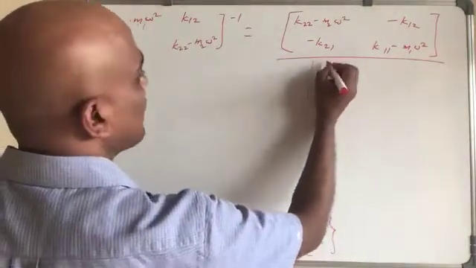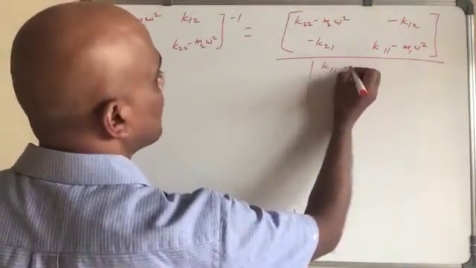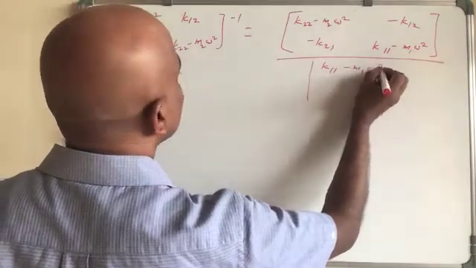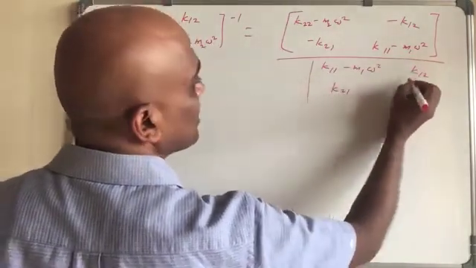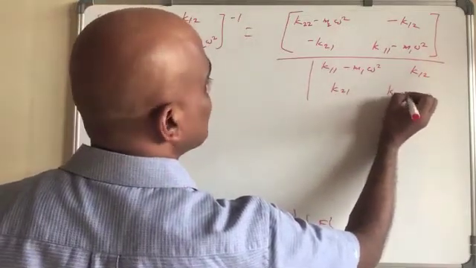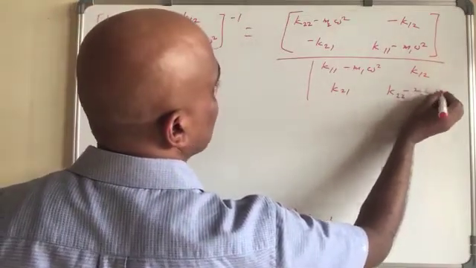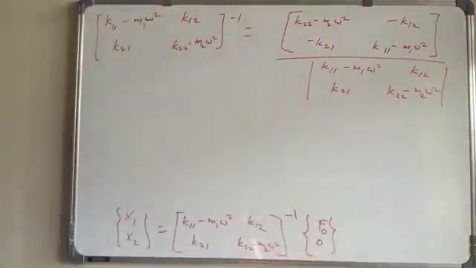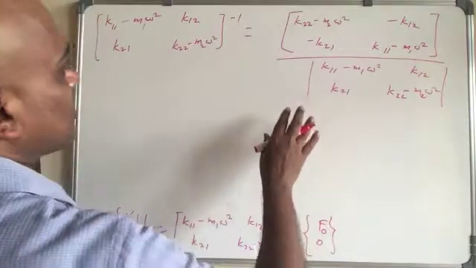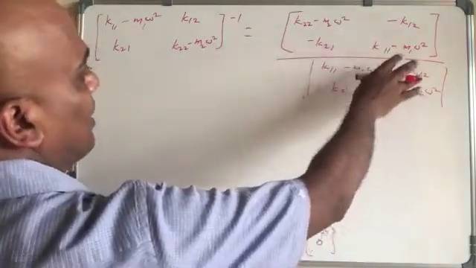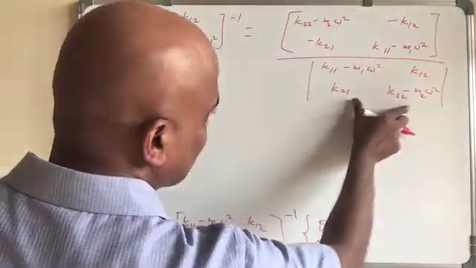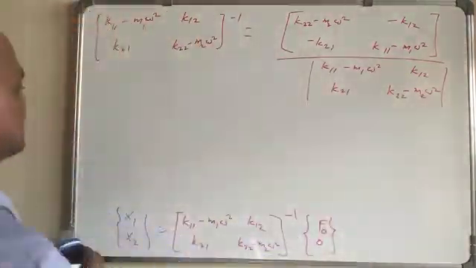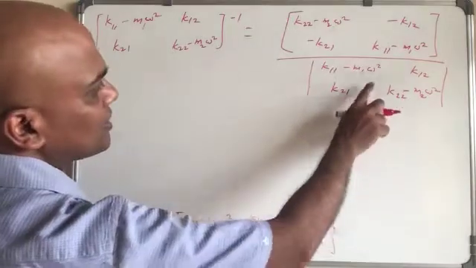So the determinant of k11 minus m1 omega square, k12, k21, k22 minus m2 omega square. First we have to find what the determinant of that is.